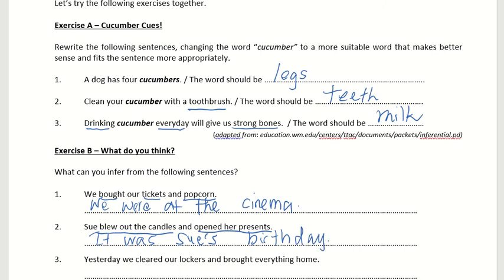Next. Yesterday we cleared our lockers and brought everything home. So what do you think yesterday was? Okay, you cleared lockers, brought everything home.